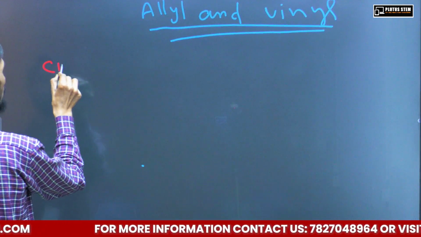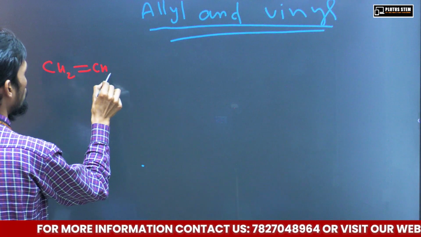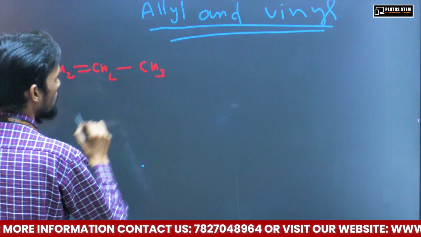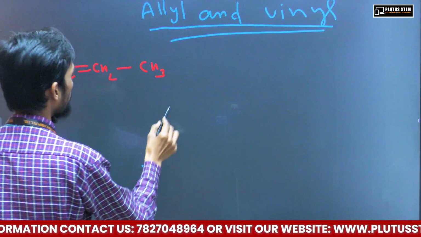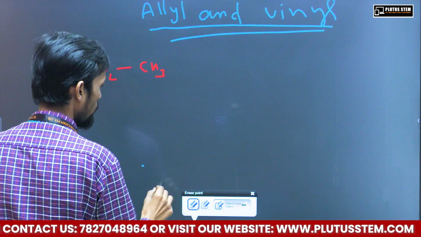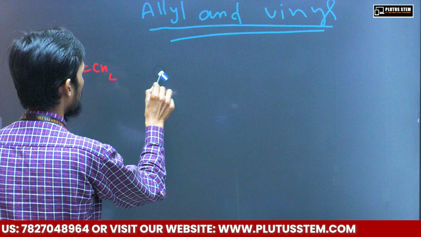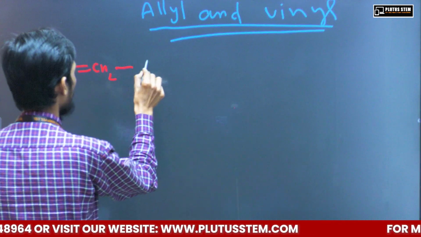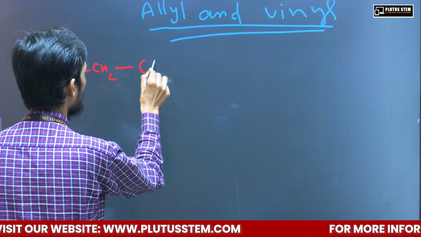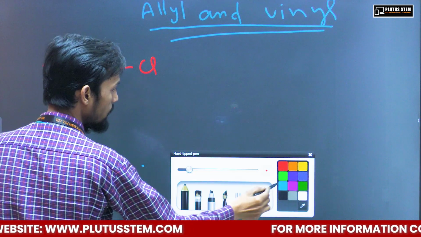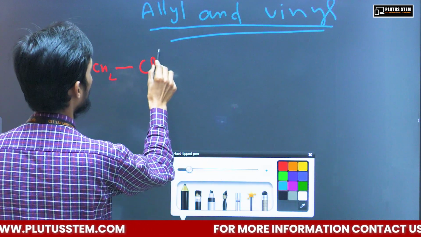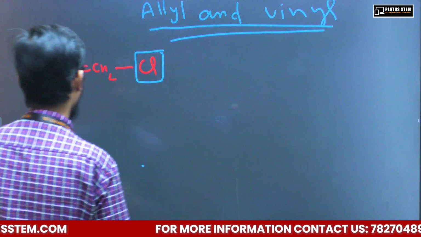This is our CH2 double bond CH2 and CH3. It is better if we first discuss the vinyl. Let's say this is the attachment of the halogen.